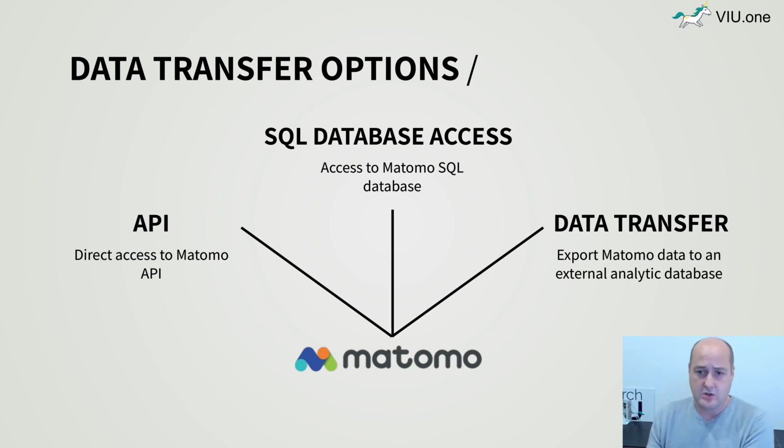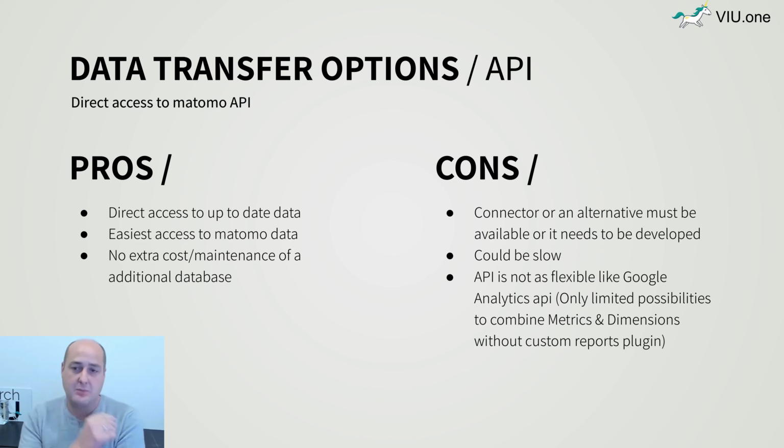If we take a look at the API option, some benefits are that the data is up to date. You just talk to Matomo with the API. It's mostly the easiest way to get access to the data, and you have no extra cost or maintenance of an additional database or something like this.